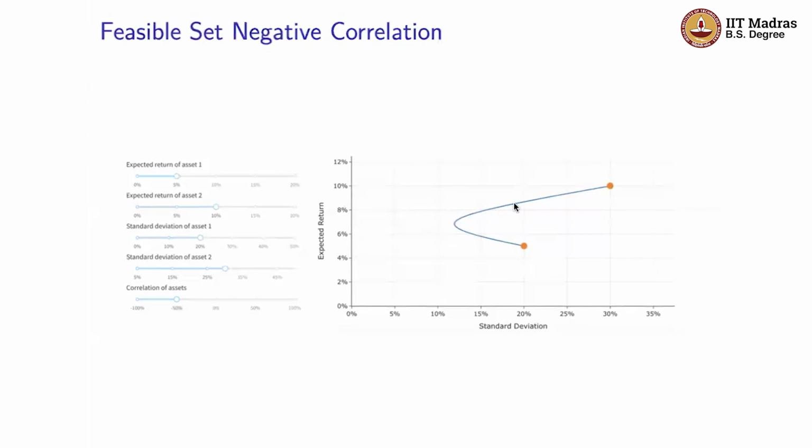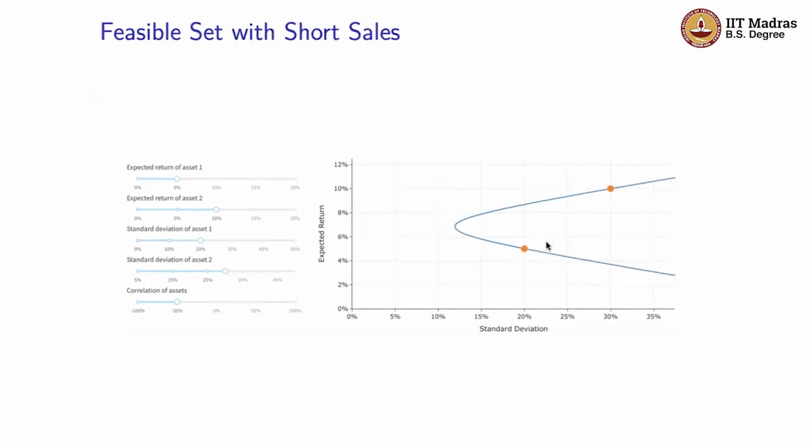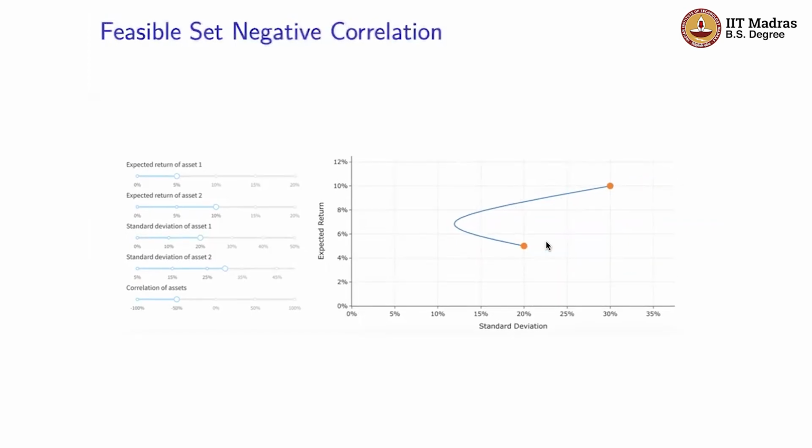Now, so far in our discussion, we have been assuming that you are not allowed to short the assets. Therefore, we are assuming that the weights are non-negative. What happens if you allow the weights to be negative as well? So you allow the assets to be shorted. But remember, we still need to respect that the sum of the weights needs to add up to 1. So this is how the diagram would look, right? This and this is the same diagram. All these numbers are the same: the correlation, standard deviation, and expected return of the assets.